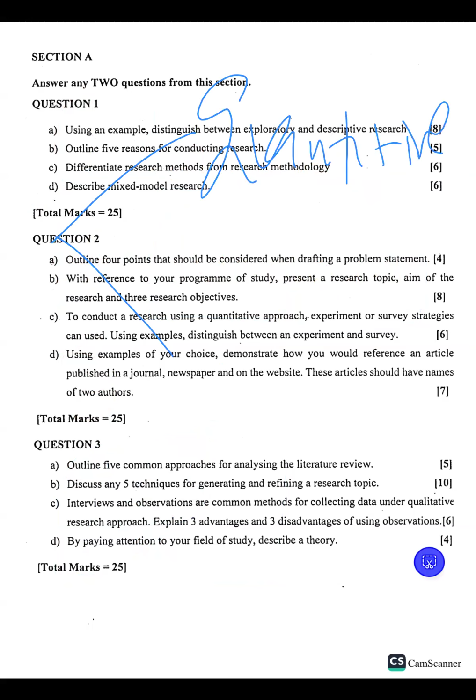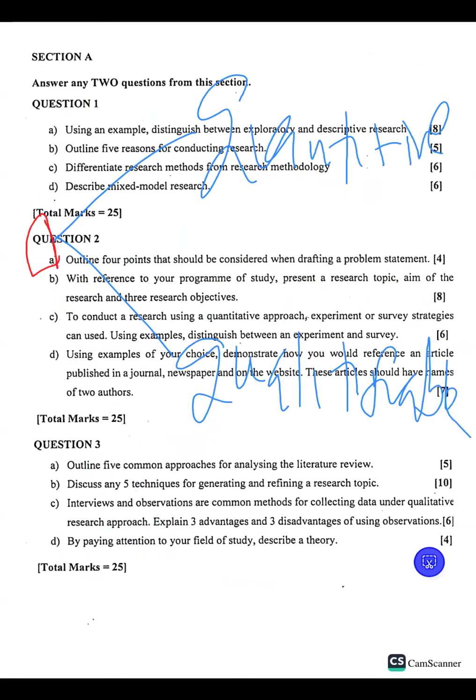Now, a mixed model research, this is a research that combines both two aspects of quantitative or quantifiable characteristics and the qualitative, which are qualifiable characteristics of it. So in short, there are some aspects of research that cannot easily be measured, right? Such as the views, opinions of people, feelings, ideas.